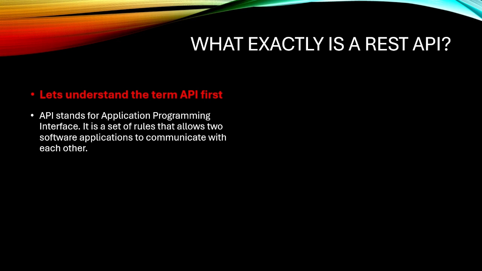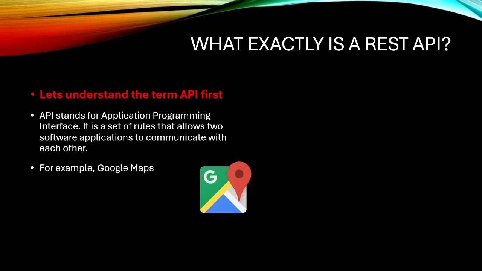So let's understand the concept of API with an example of Google Maps. Think about using Google Maps to find a coffee shop nearby. What happens there? You open Google Maps and type coffee shop near me. Internally, Google Maps sends that request to an API that gathers location data and information about nearby coffee shops.